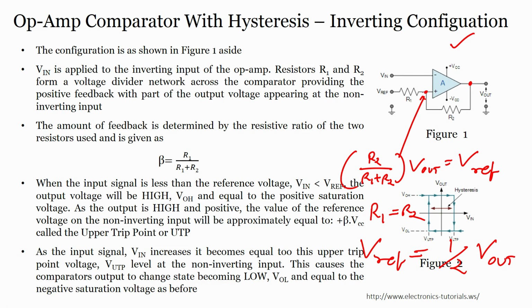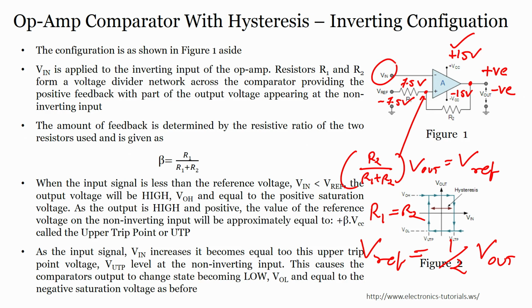So, always remember this will be half times your V out. Now, suppose V out is positive saturation, positive is plus 15, negative is minus 15, right. Then here it will be 7.5 volts. If my V out is negative saturation, here it will be minus 7.5 volts.